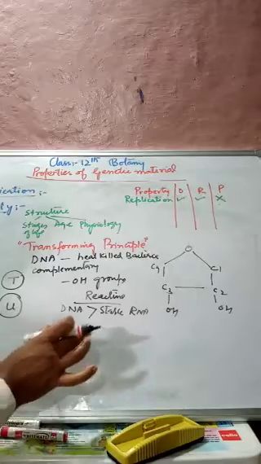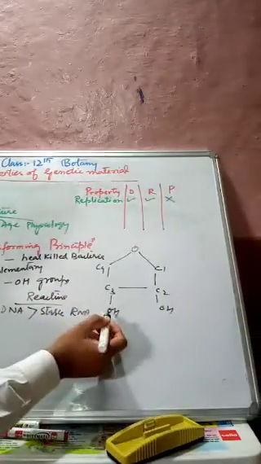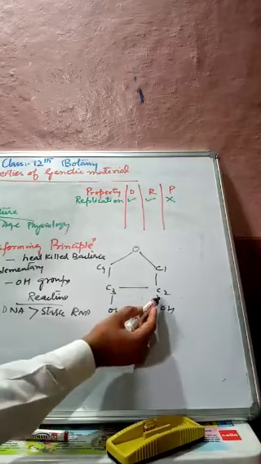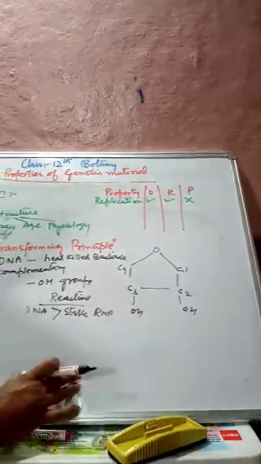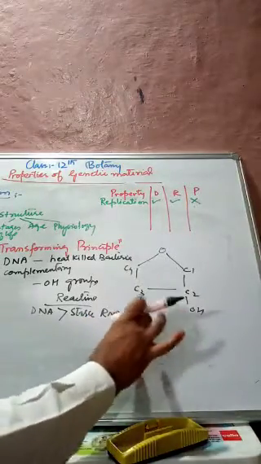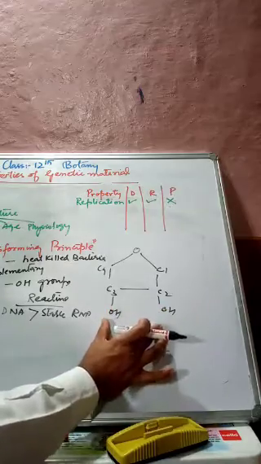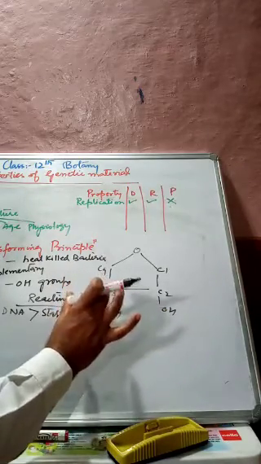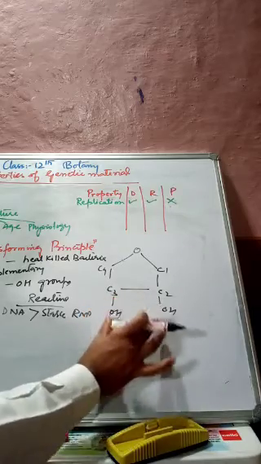First, in case of RNA there are two OH groups present at carbon second and carbon third of the pentose sugar, and because of these, जितने भी ज्यादा हाइड्रोक्सिल ग्रुप होंगे, OH ग्रुप होंगे, फंक्शनल ग्रुप्स रादर होंगे, उतना ज्यादा जो कंपाउंड होता है वो उतना ज्यादा रिएक्टिव होता है.